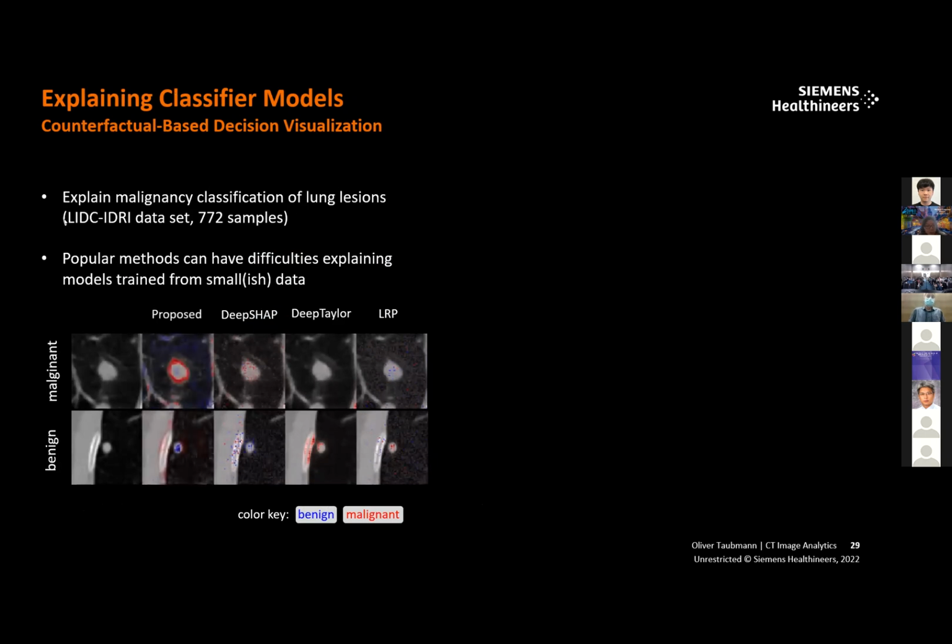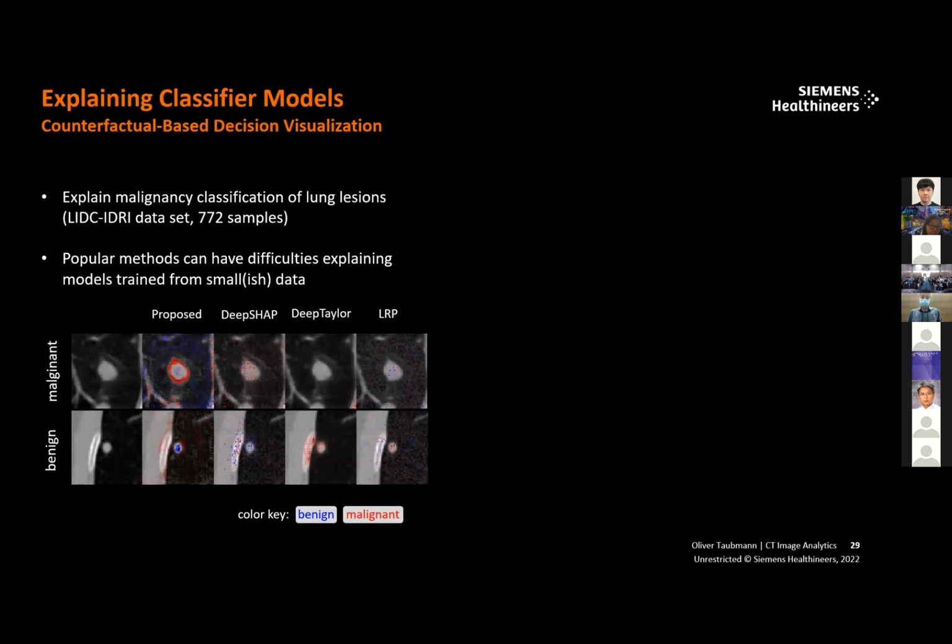And for comparison, this is what the result for Alexander's method looked like. And it's not perfect either, but it was also, I mean, a lot more in line with our clinical understanding as well. For instance, focusing on the lesion border to explain why, for instance, this lesion is malignant.